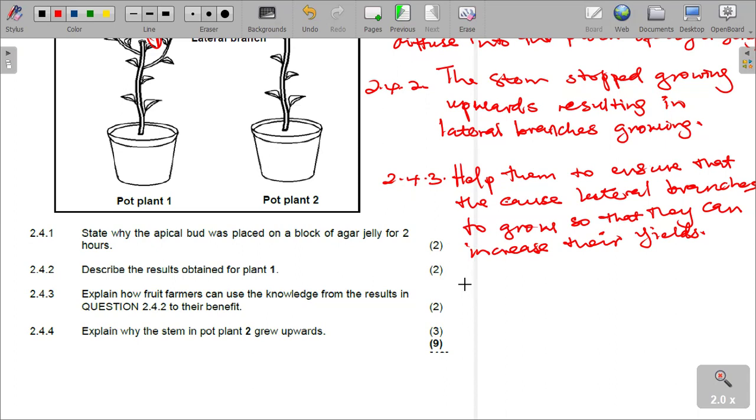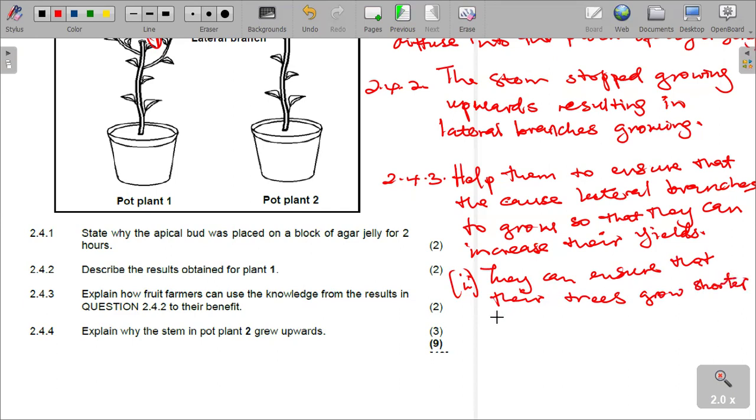As another point, number two, they can ensure that their trees grow shorter to make harvesting easier. Harvesting can be made easier because the trees are shorter.